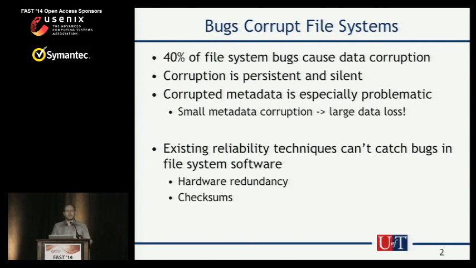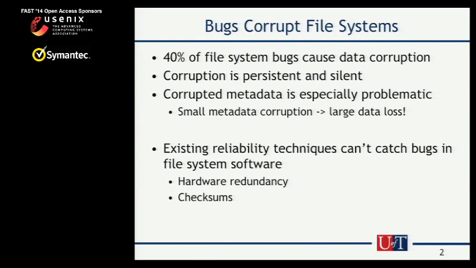Corrupted metadata is especially problematic because a few corrupted bytes of metadata could result in many more bytes of data being lost or inaccessible. So existing reliability mechanisms can't catch bugs in the file system software because they're usually aimed at problems lower down in the stack, like hardware failures or blocks getting eaten by drivers.